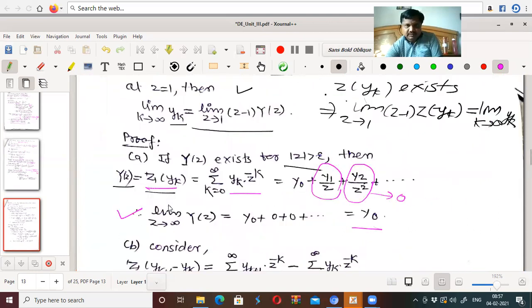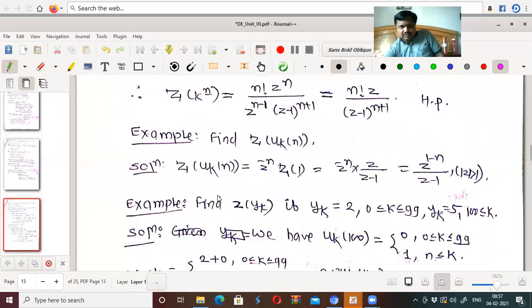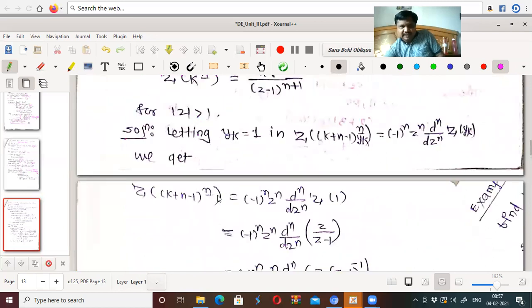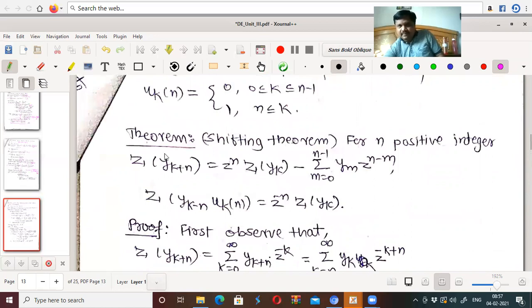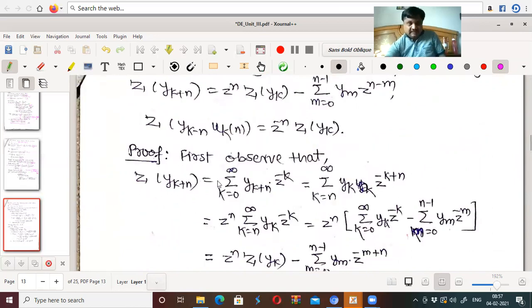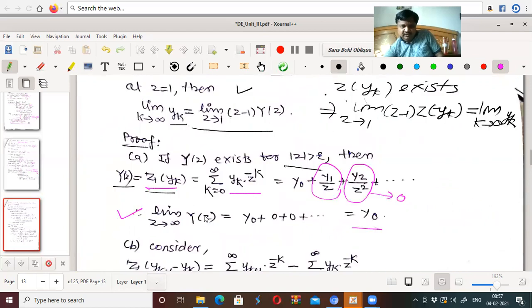We have this result, initial and final value problems. We will use this result, and before that the z transform of yk plus 1 also. By using this result we will obtain the solutions of the initial value problem.